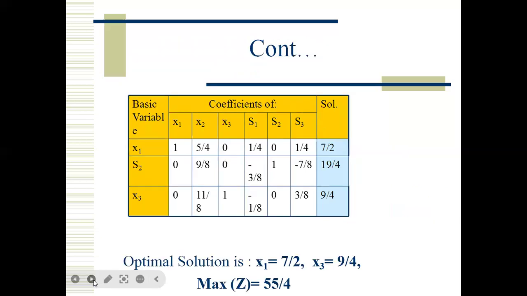So by the simplex method we have obtained the optimal solution of the given linear programming problem: x1 is 7 by 2 and x3 is 9 by 4. But s2 does not affect the solution because it has 0 coefficient, 0 into s2, this is why 19 by 4 cannot be accepted. So the optimal solution is this, and maximum z is 55 by 4.